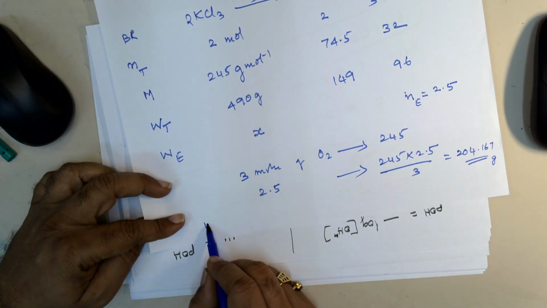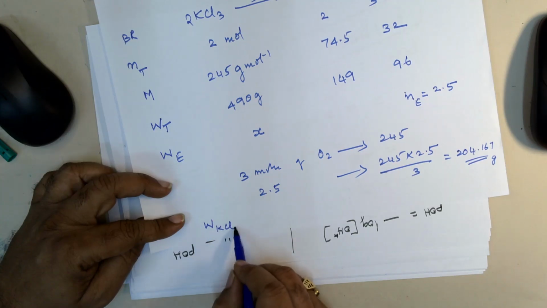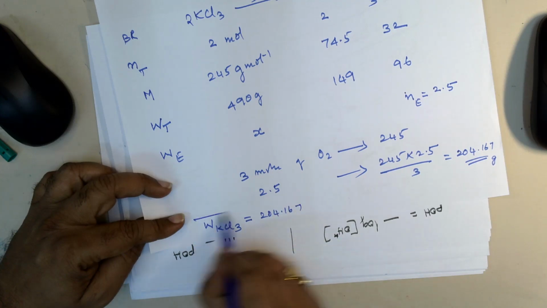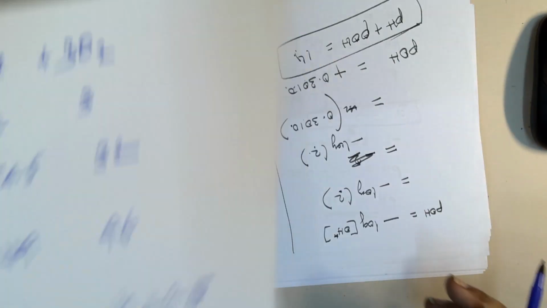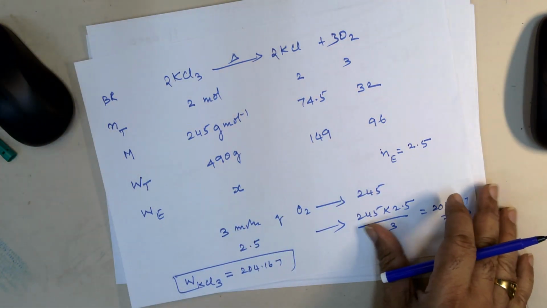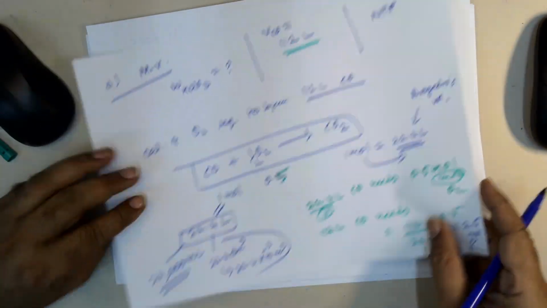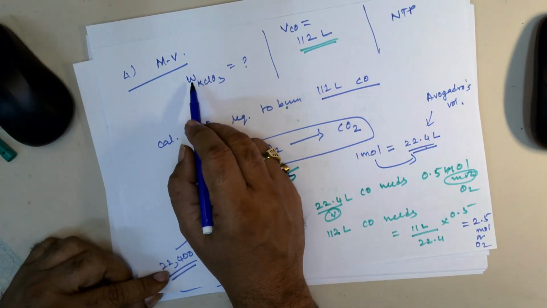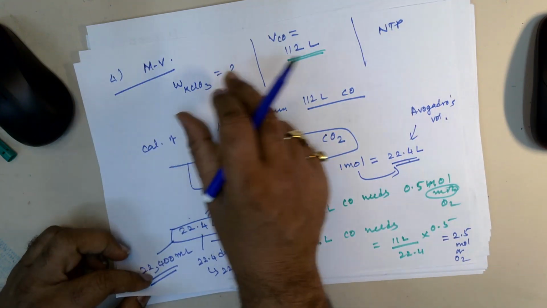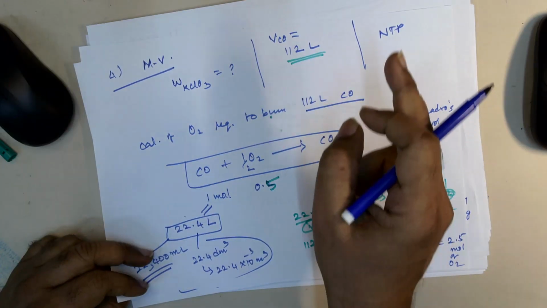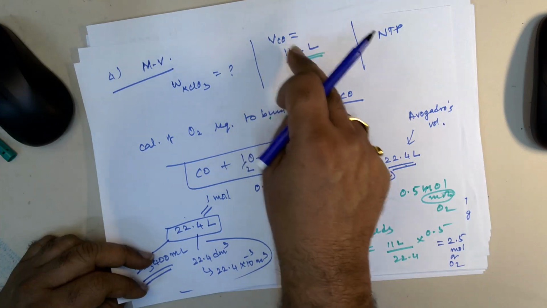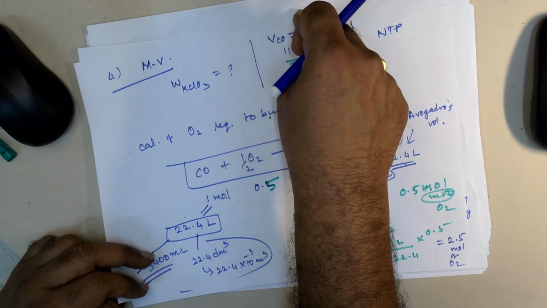So the weight of KClO3 required is 204.167 gram. Now let me go through this problem once again. Listen to me carefully. Here, what is asked? The weight of KClO3 is asked, and you are getting some amount of oxygen, and for that oxygen, you are capable of getting this 112 liter of carbon monoxide.